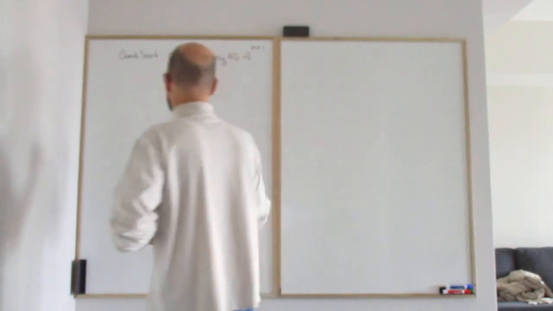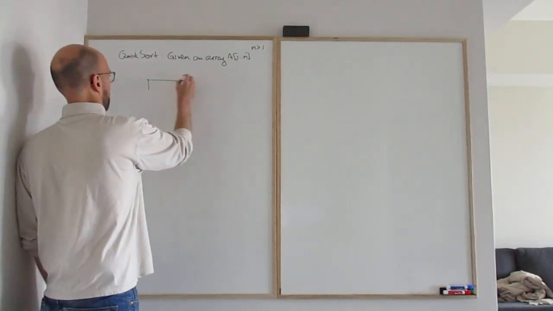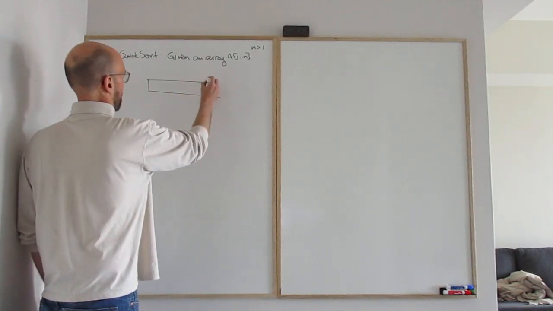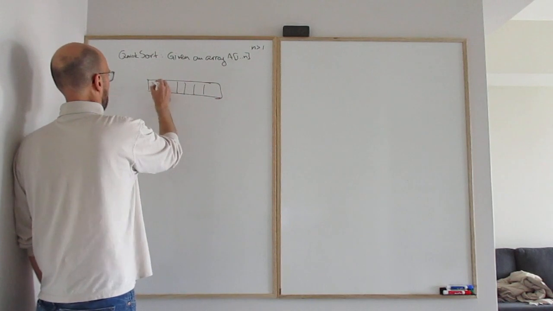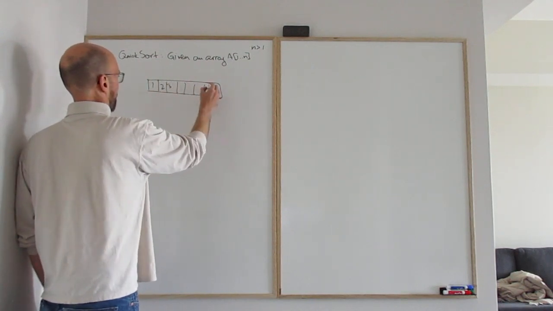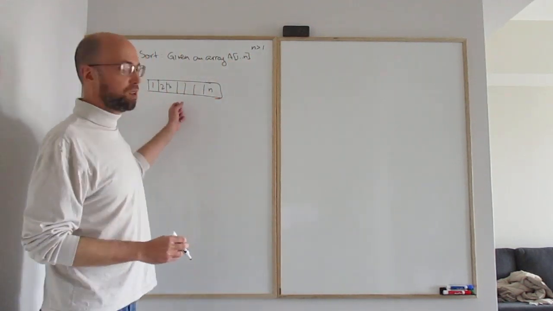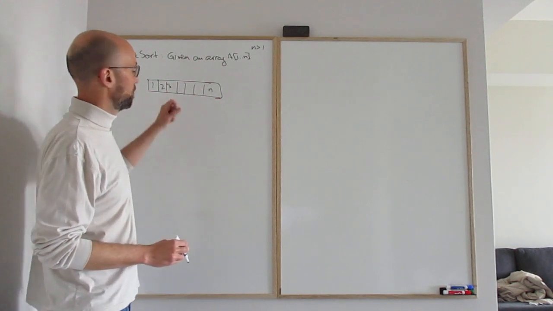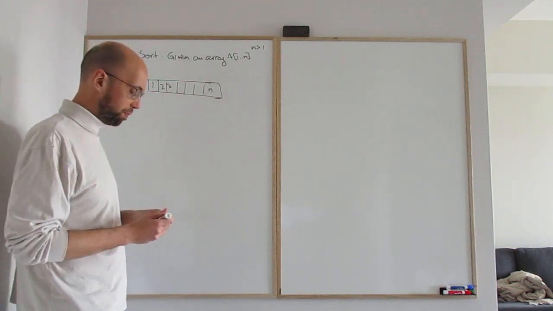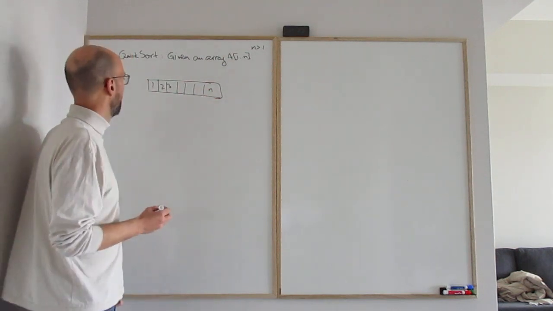So let's see what happens if I give it 1, 2, 3, up to n. Later in the second half of the lecture I'll explain why you wouldn't do this with quicksort. But suppose these are the ranks, not actually numbers.